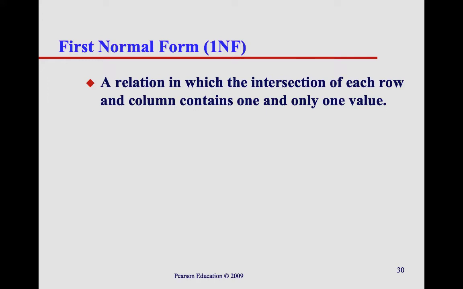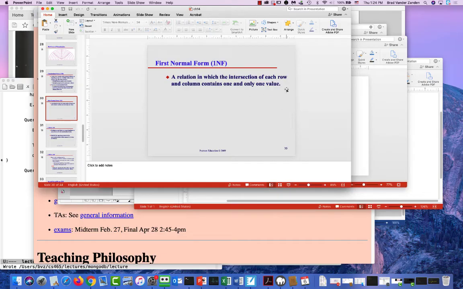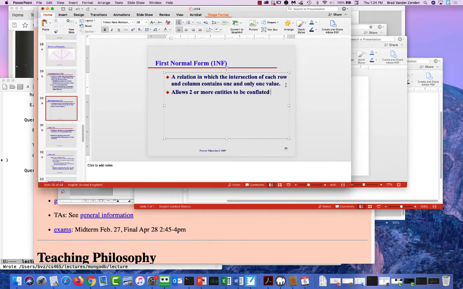And that problem was essentially that it allowed entities to appear in the same relation. So actually, I'm going to add something here, which says that first normal form allows two or more entities to be conflated in the same relation.